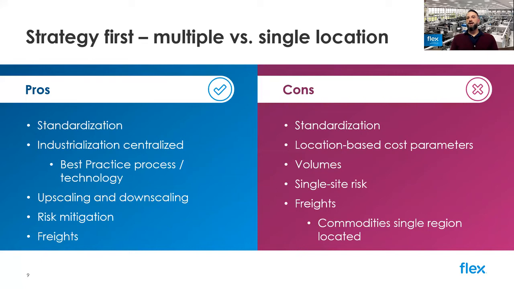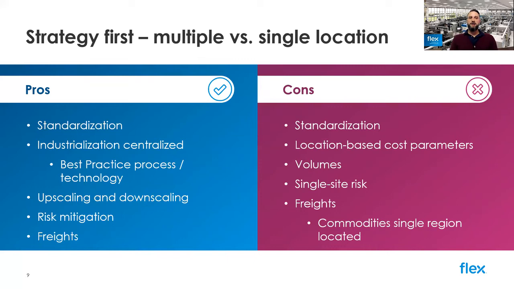And on the other side, with a single location approach, you might need to transfer your manufacturing to another location. It just takes a little bit longer than just upscaling the volumes in an already set up location, like in the multi-location setup.